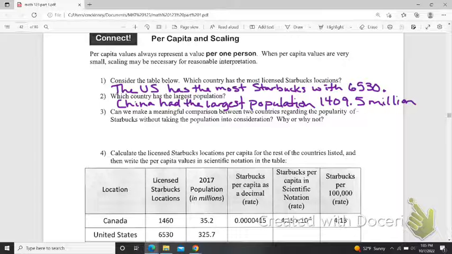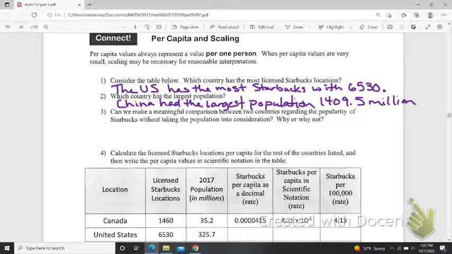So actually this is over 1 billion people, 1,409,500,000. I just used the number and stuck the word million on the end like it is in the table.